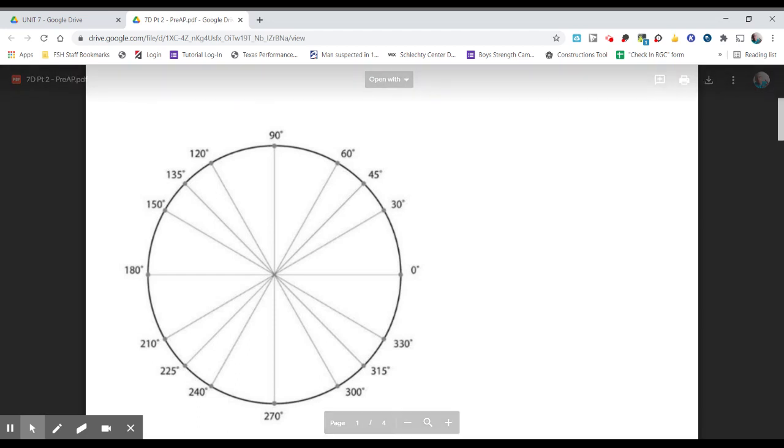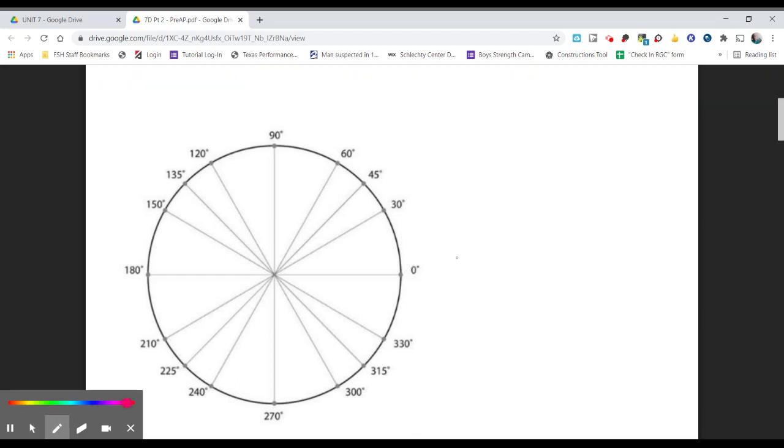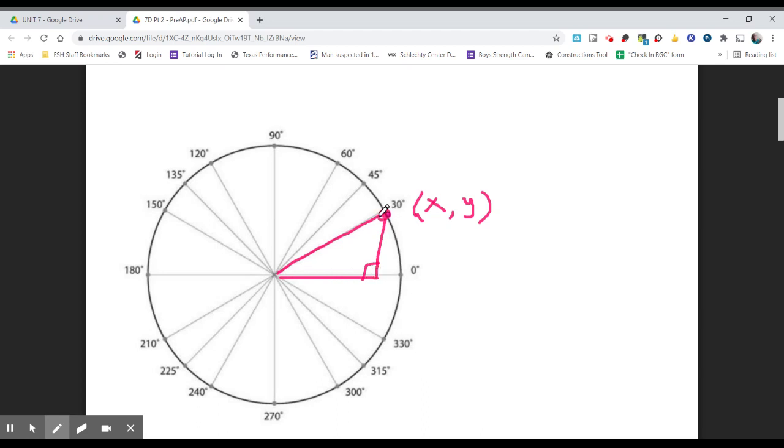Okay. So we have our 30-degree, which I'm going to outline here in pink. All right. And so our 30-degree point is going to be right here. Okay. And what's going to happen is we're going to have a right triangle right there. And so our 30-degree point is going to have an x and a y value. Okay. An x and a y value. All right. So we make this little right triangle here at our 30-degree thing.